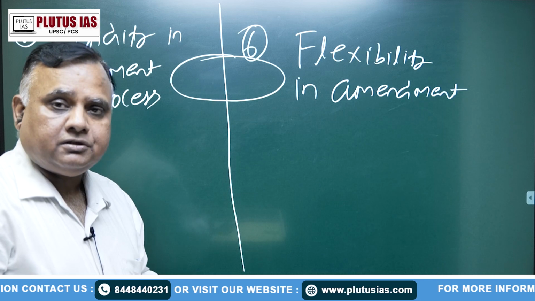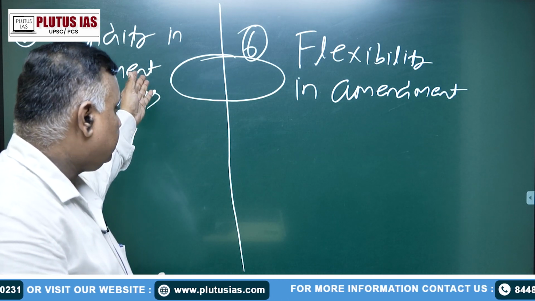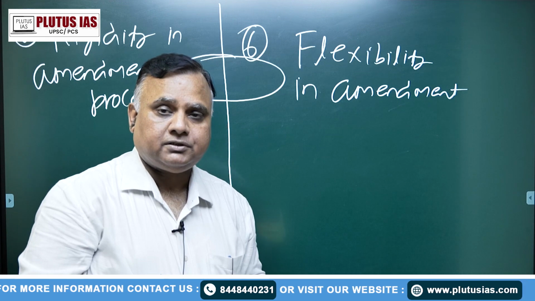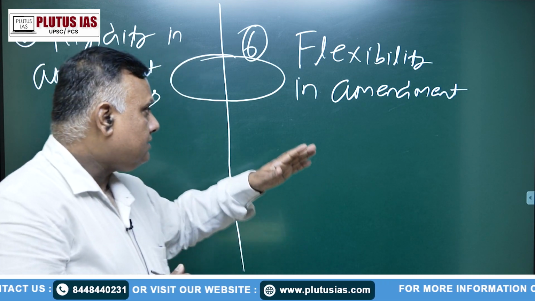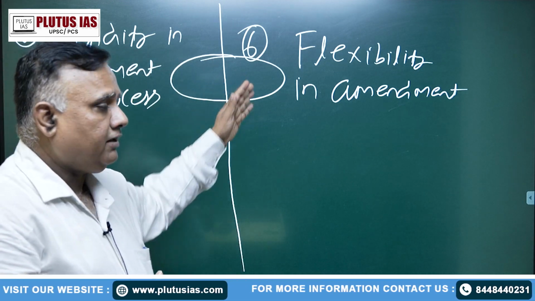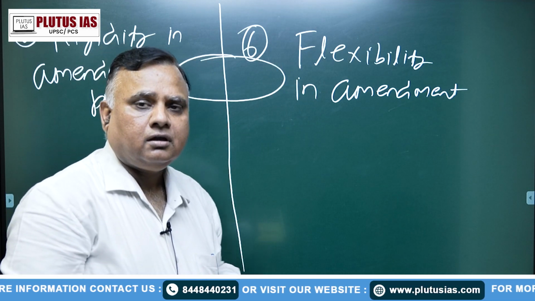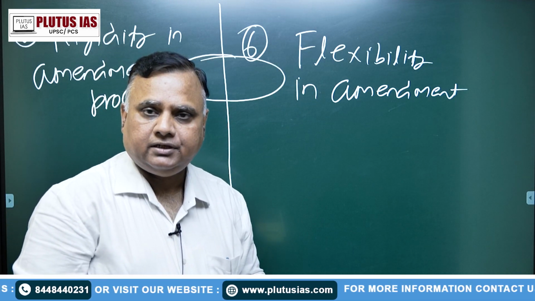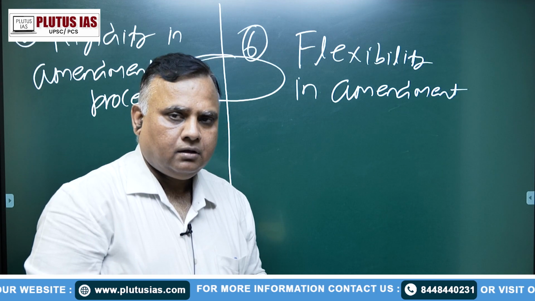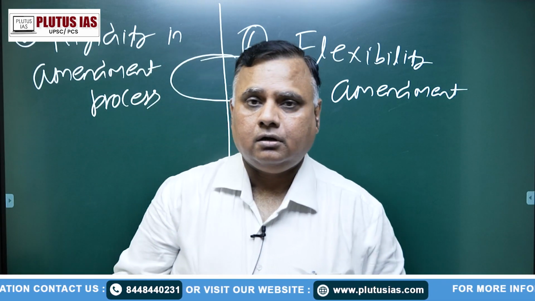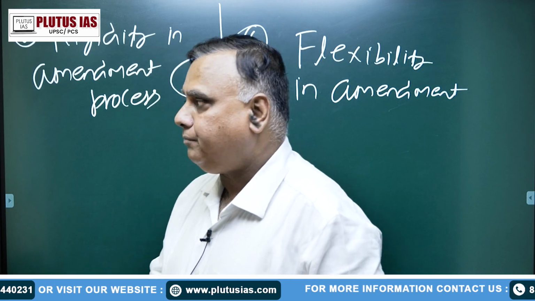DPSP, special majority. Federal matters, special majority and ratification by at least half of the states, 50% of the states. So India is partly having rigidity, partly flexibility. But England is having complete flexibility. By simple majority, any law can be made. And America is having too much rigidity in amendment process.